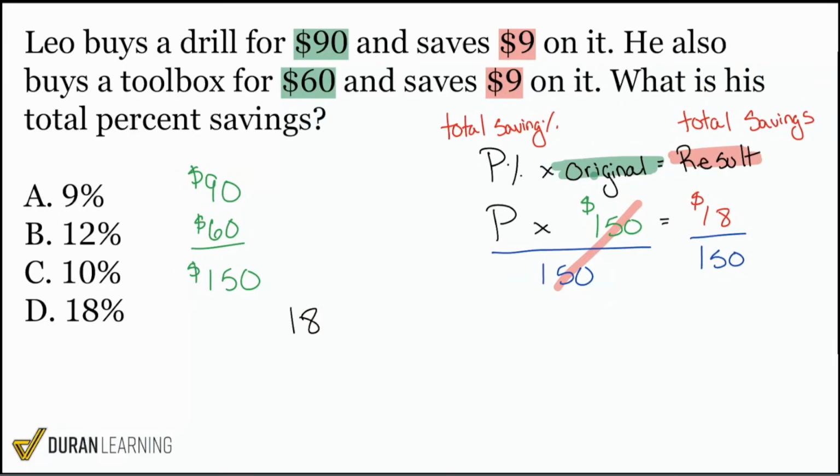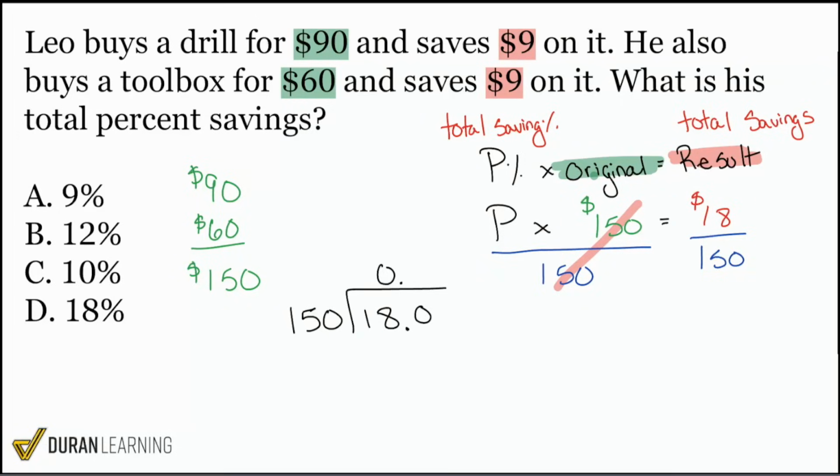Let's do some long division, dividing 150 into 18. And we notice immediately that 150 can't go into 18. So what we'll do is we'll place the decimal, and then we will bring down that 0. And now we ask, how many times does 150 go into 180?